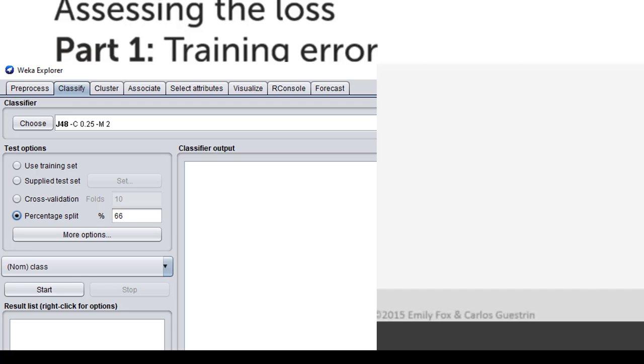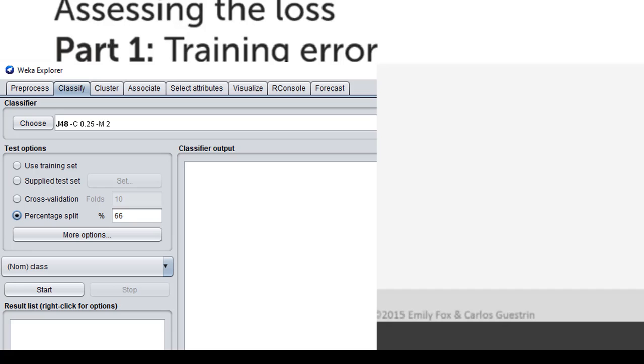Do you remember that? On the left side, in the prediction panel, we had cross-validation and we had percentage split, right?